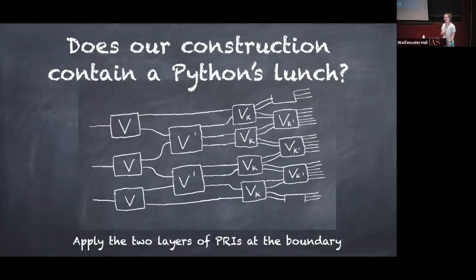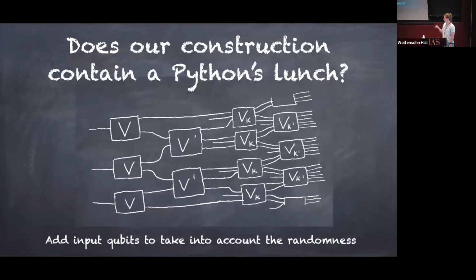Okay, now if you remember from earlier in the talk, I mentioned that when we have randomness in our construction, we have to be very careful to take that into account when deciding whether or not our construction contains a Python's lunch. So we're going to add input qubits to each of these pseudorandom isometries. These input qubits can be thought of as containing the information about which isometry from our ensemble of pseudorandom isometries we're going to apply at each point.